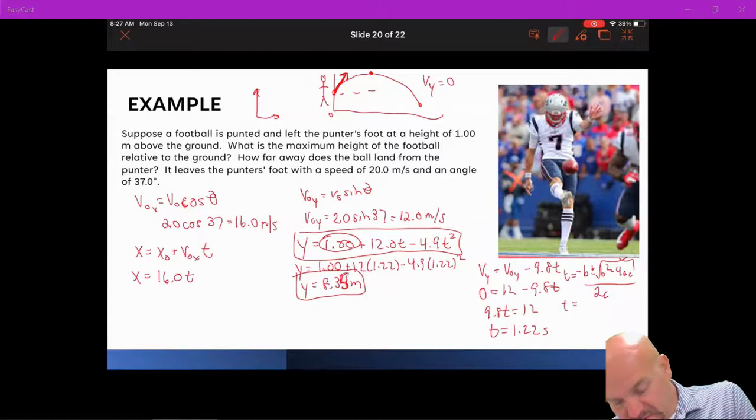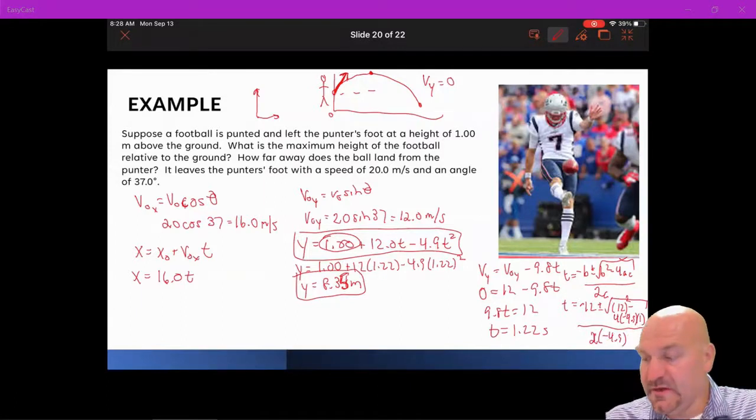So t is equal to negative 12 plus or minus the square root of 12 squared minus 4 times negative 4.9 times 1, divided by 2 times negative 4.9. And make sure you plug in negative signs.